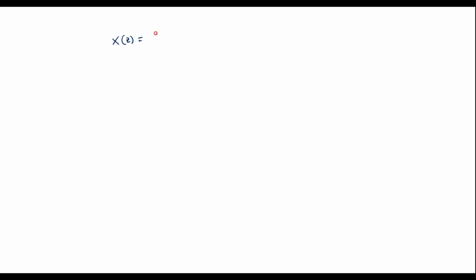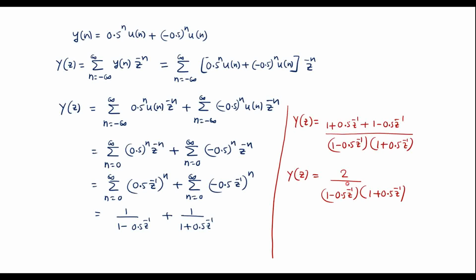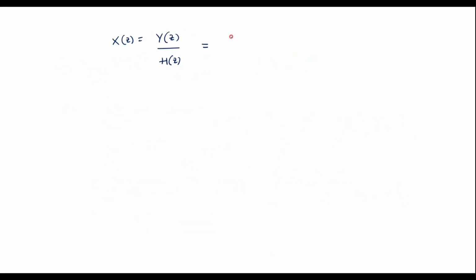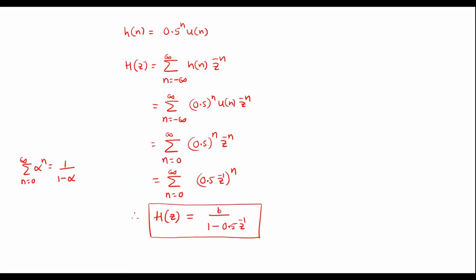X of z is equal to y of z divided by h of z. That is, y of z value is given by 2 divided by 1 minus 0.5 z inverse, 1 plus 0.5 z inverse, and divided by h of z. H of z value is given by 1 upon 1 minus 0.5 z inverse.